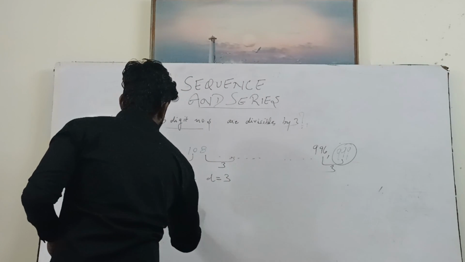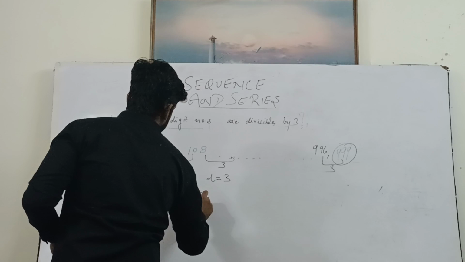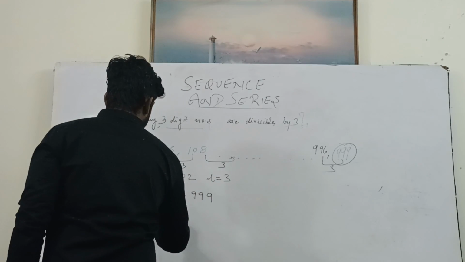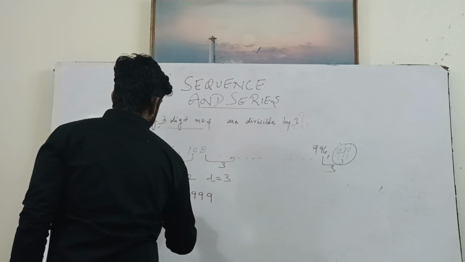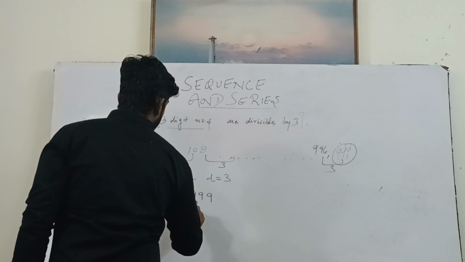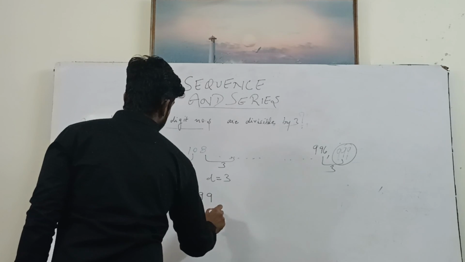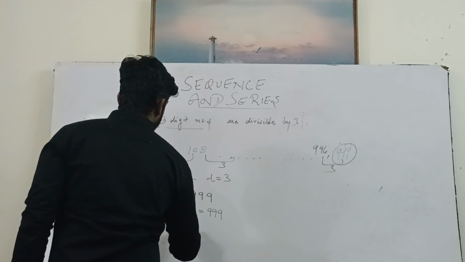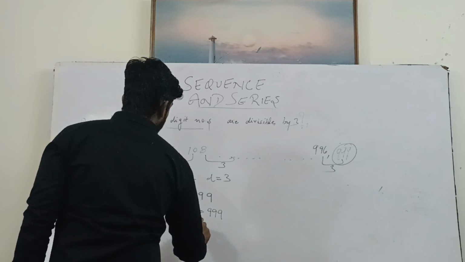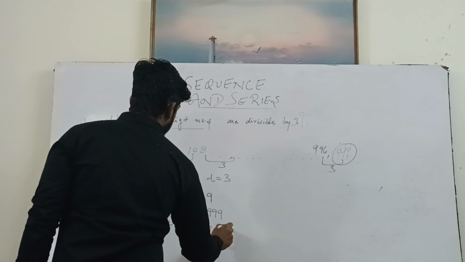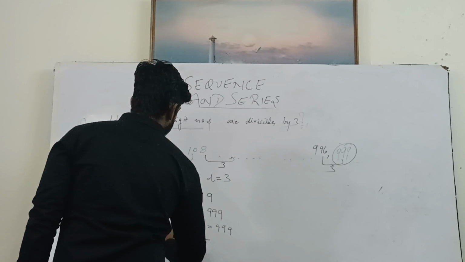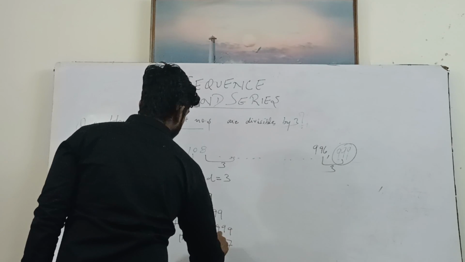So let's call 999 as the nth term, and then we find out the value of n। So Tn is equal to 999, a plus n minus 1 into d is equal to 999, a is 102 plus n minus 1 into 3 is 999। Let's solve it. n minus 1 into 3 is 897.